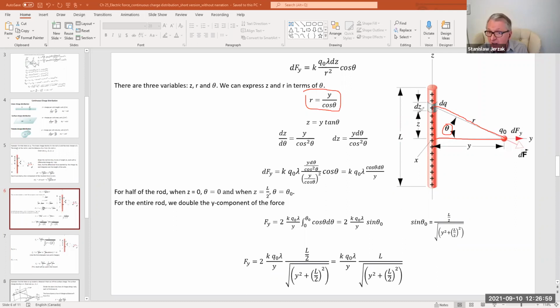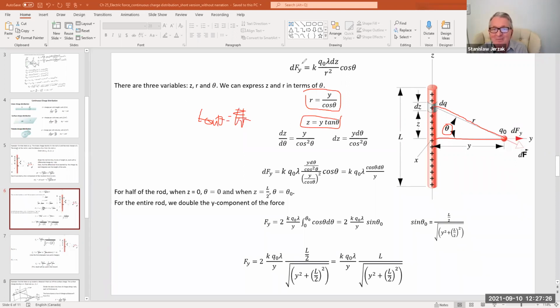Now for z, you see z is opposite to that angle. So z is equal to y tangent theta, right? Because remember that tangent of this angle theta is equal to what?